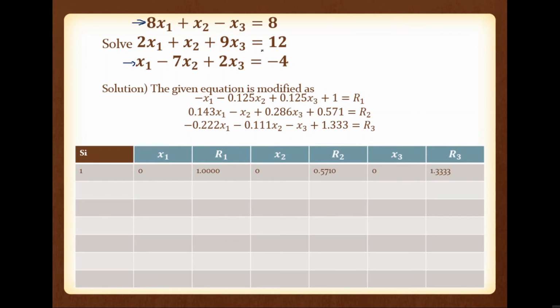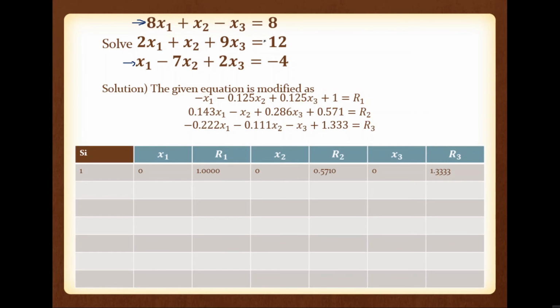Okay. So then what we have to do, shift all constant terms to the left hand side. So here we have minus 8 equal to 0, here we have minus 12 equal to 0, here we have plus 4 equal to 0. Means this equation is becoming first equation where we have minus 8 equal to 0. This equation is becoming second equation where it will become plus 4 equal to 0.